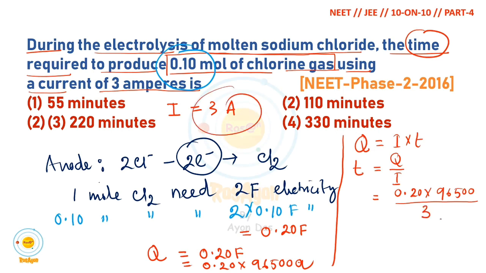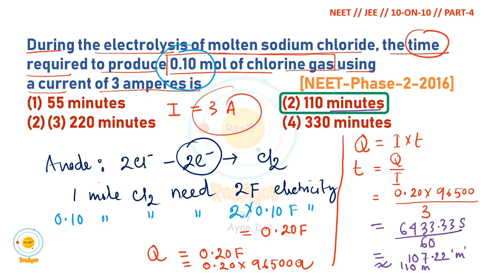So that is equal to 6433.33 seconds. But you have to convert it into minutes, so divide it by 60. So you get 107.22 minutes. That means it is nearly equal to 110 minutes. So the right answer is 110 minutes.